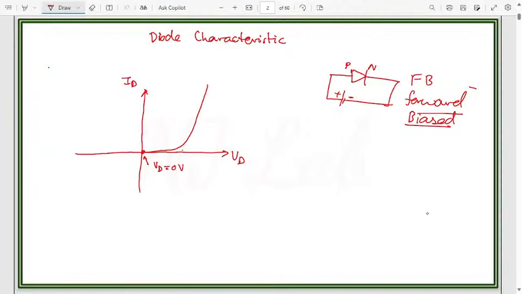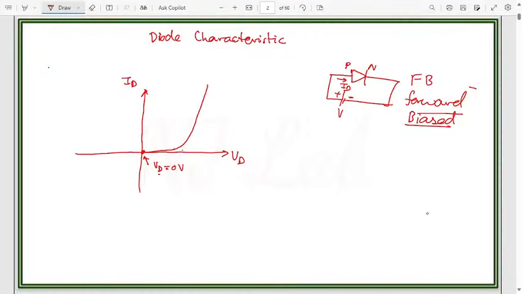Even when we increase this diode voltage, the current ID through the diode is not increasing, means there is high resistance.